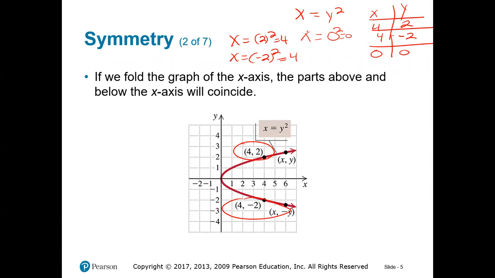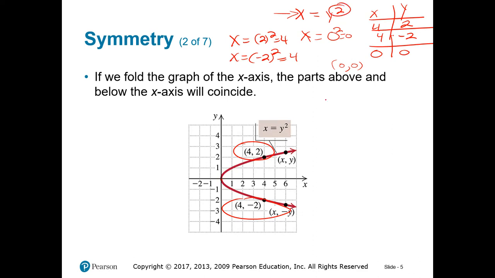The reason I kept choosing to plug in for y is because I've got it set equal to x, and y has the square on it. So now I'm going to take these ordered pairs. They've already plotted (4, 2) and (4, -2), and then we have the ordered pair (0, 0), so that's this point here. How do we know we got a parabola?